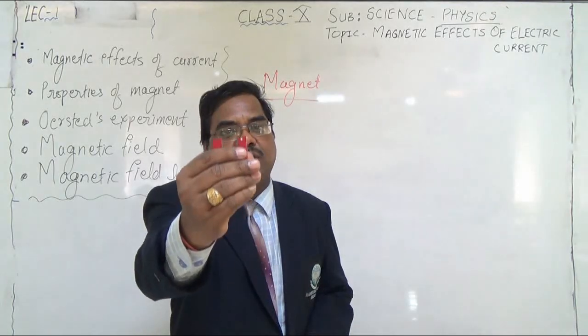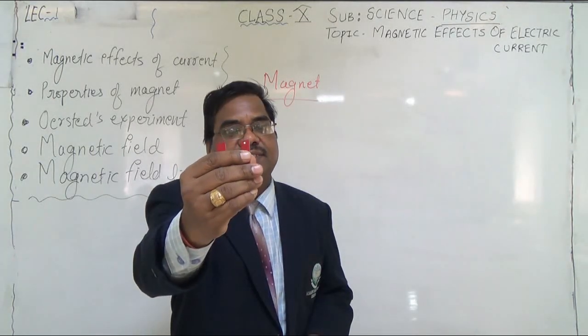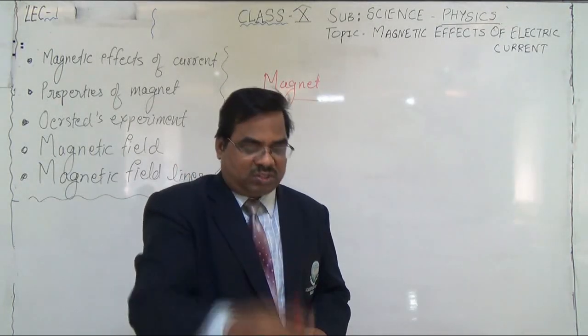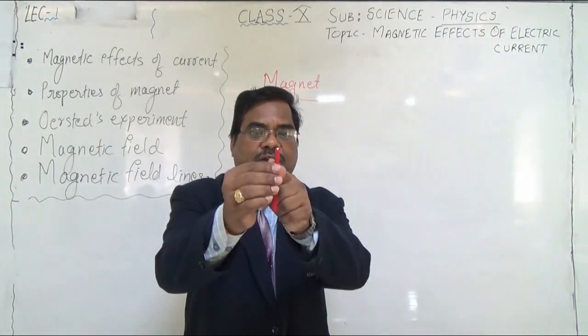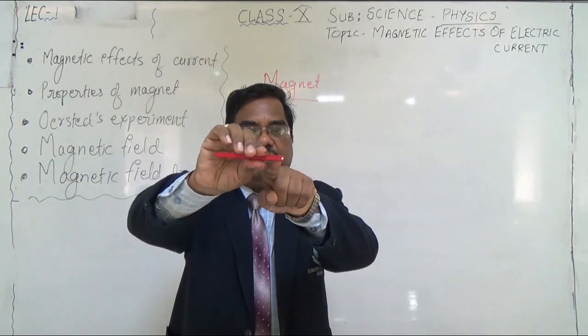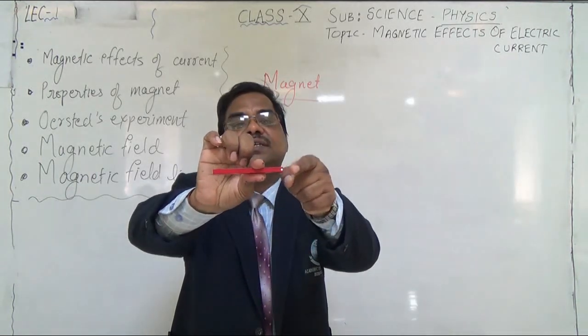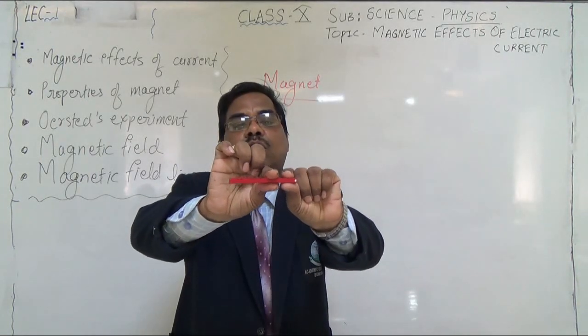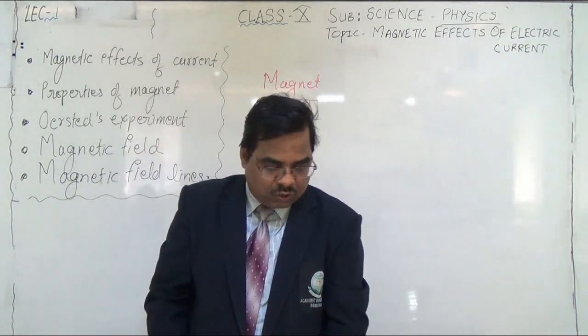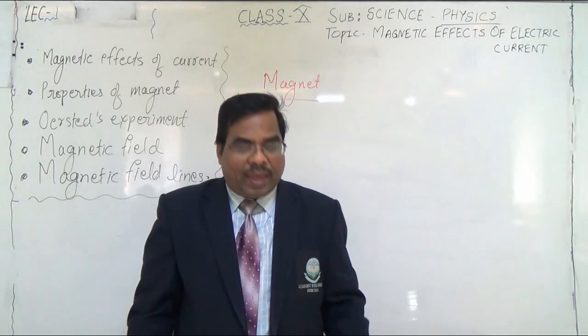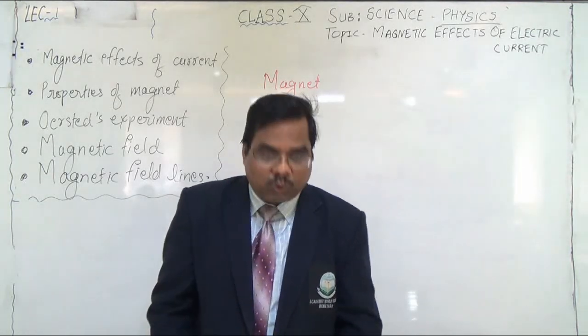This white dot is the sign of the north pole. Here also the white dot, this side, all of you can see, this is the north pole, so automatically the other one will be the south pole. So a magnet has two poles.